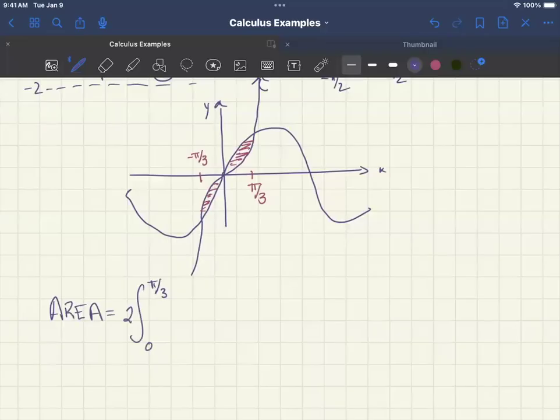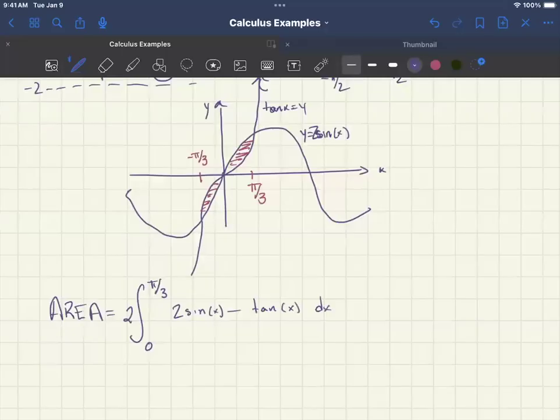And we are going to take our top curve. So our top curve in this case is equal to 2 sine of x minus our bottom curve, which is tangent of x, dx.